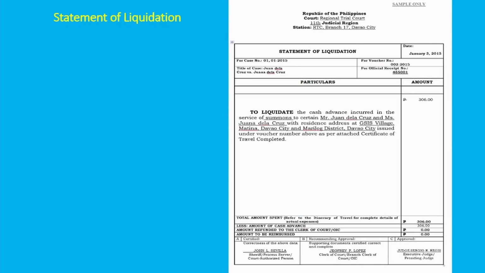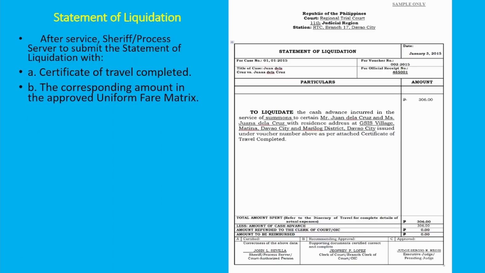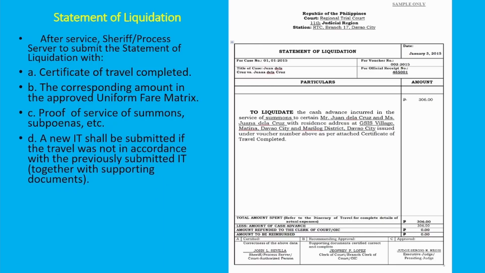You're required, upon service, to liquidate the cash advance. So this is the format. Liquidate the cash advance incurred. The details are shown here. After service, the sheriff or process server is to submit the statement of liquidation with the certificate of travel completed, the corresponding amount in the approved uniform fare matrix, proof of service of summons, subpoenas, etc. A new itinerary of travel should be submitted if the travel was not in accordance with the previously submitted IT.